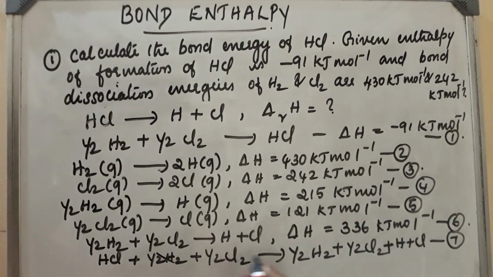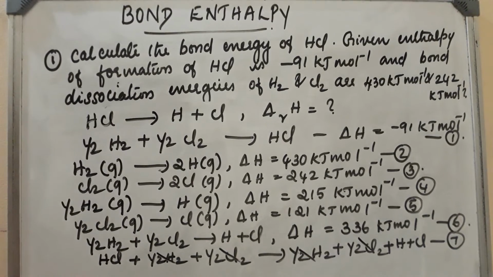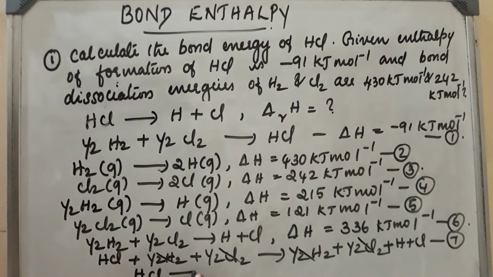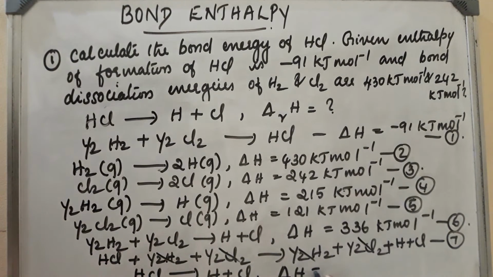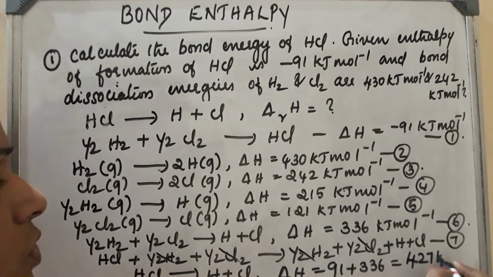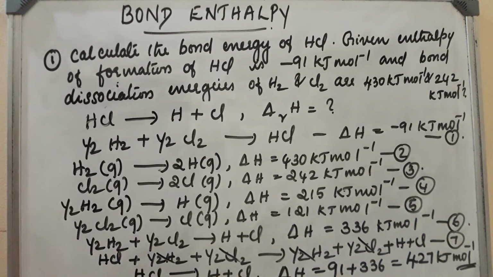Now cancelling these two, HCl gives H plus Cl. What happens to delta H? We are reversing this equation, so this sign changes. So this will be equal to 91 plus 336. So what will be the answer? Answer will be 427 kilojoule per mole. So this will be the bond energy of HCl. Like this we can find the bond energy of certain compounds.